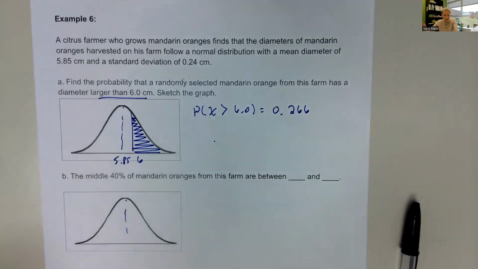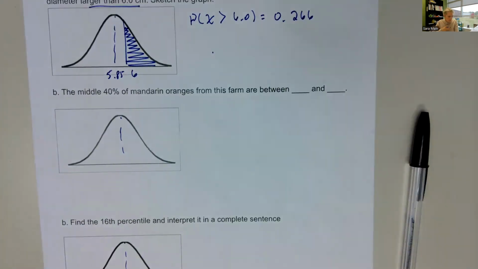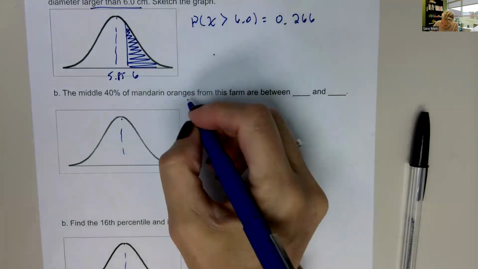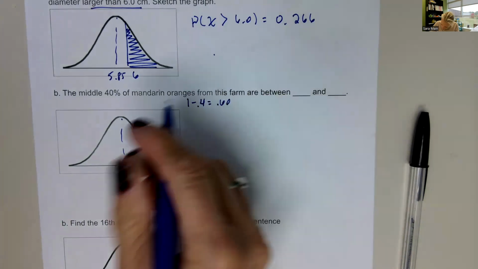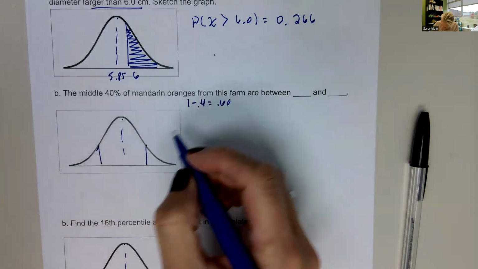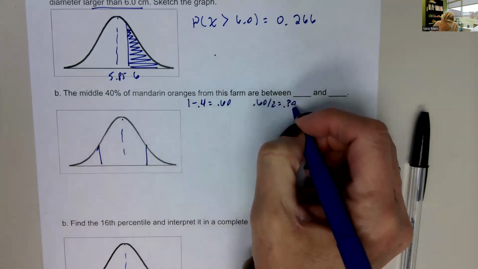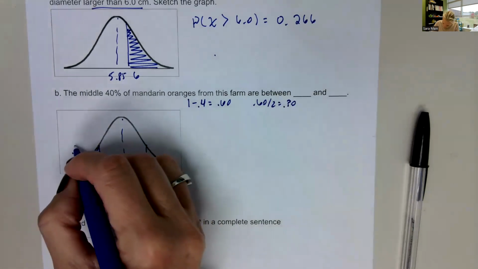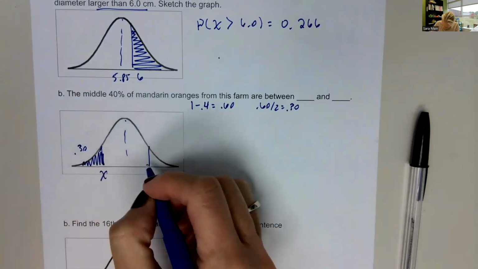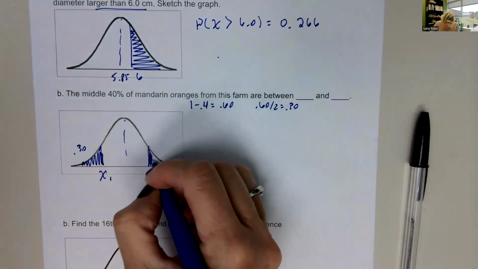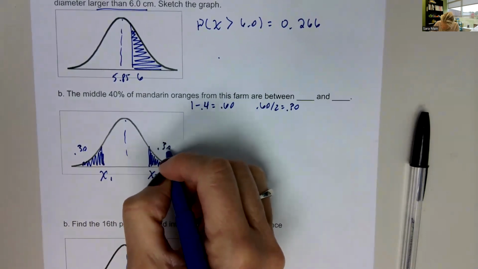And then the next one says the middle 40% of mandarin oranges from this farm are between what and what. Middle 40% means that I've got 1 minus 0.4, or 60%, on the outside. And 60% divided by 2 means I've got 30% on either side. So I've got 30% left of this diameter, x1 we'll call it, and 30% to the right of this diameter.